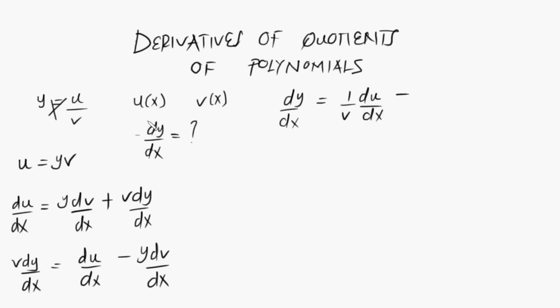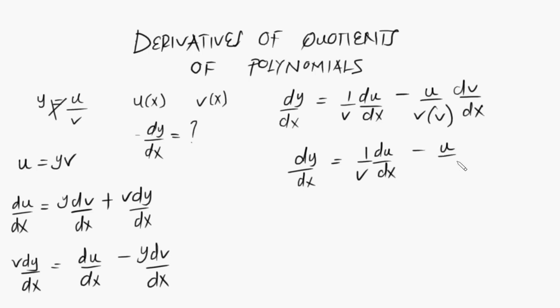y, remember, is u over v, so just put u over v. We have also divided with this v here, so it's divided by v times dv/dx. So dy/dx is just going to be equal to 1 over v du/dx minus u over v squared dv/dx.